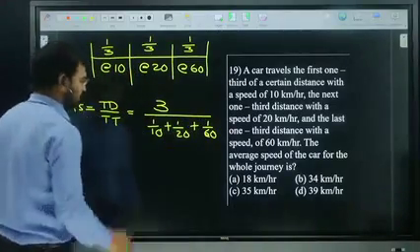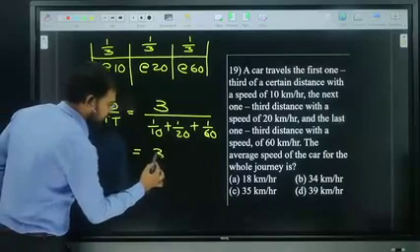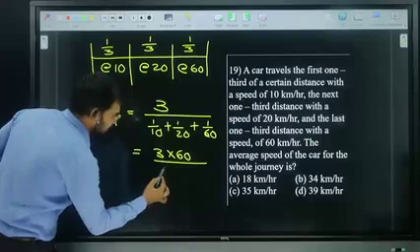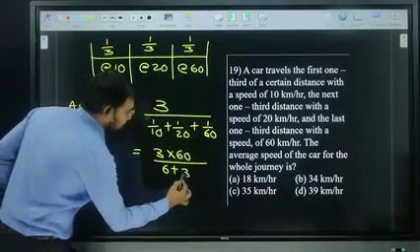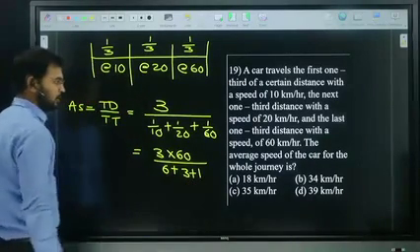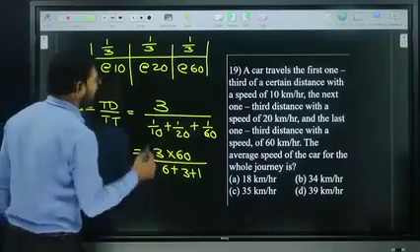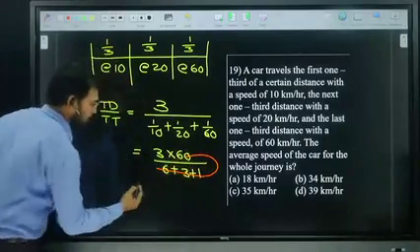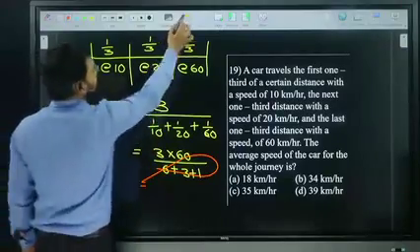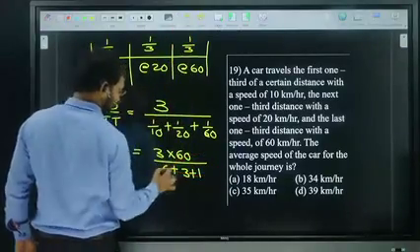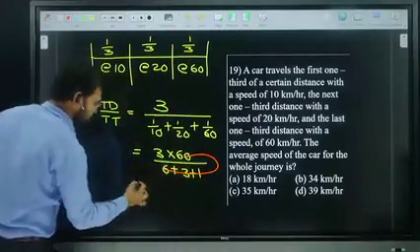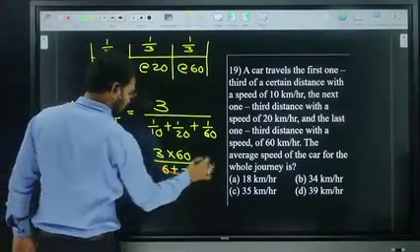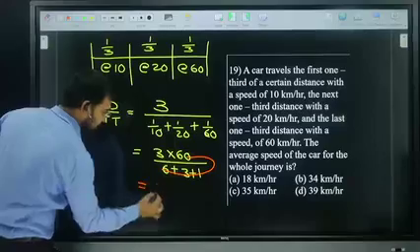LCM of 10, 20, 60 is 60. 60 comes to the numerator. Therefore 3 into 60 divided by, how many times 60? 6 times for 10, 3 for 20, 1 for 60. 6 plus 3 plus 1 is 10. 10, 10 get cancelled. 3 sixes are 18.